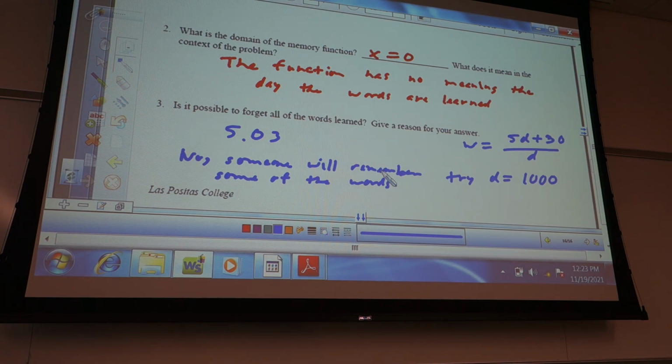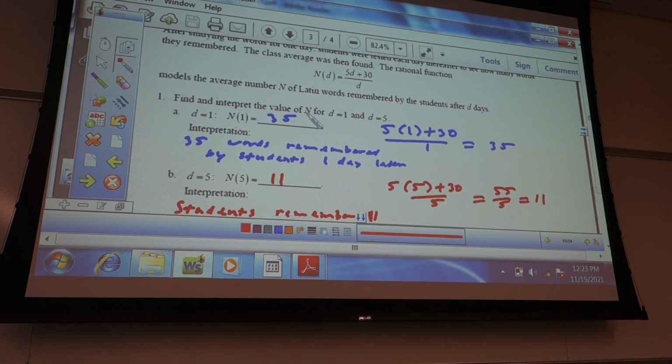Is that supposed to be X is not equal to 0? Oh, I'm sorry, you're right. Thank you. And then N cannot equal anything above 40 too, right? Yeah, the function can't equal anything above 40. Right. So that's your range. N can't be above 40.